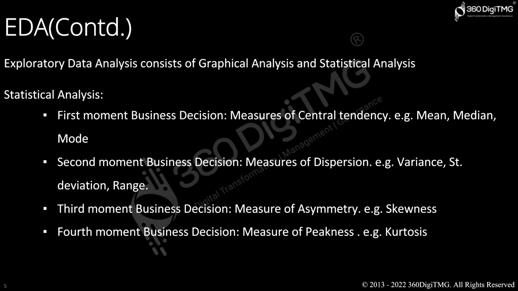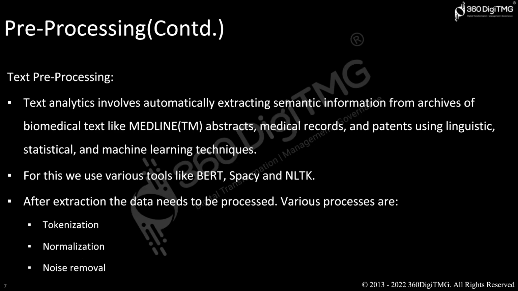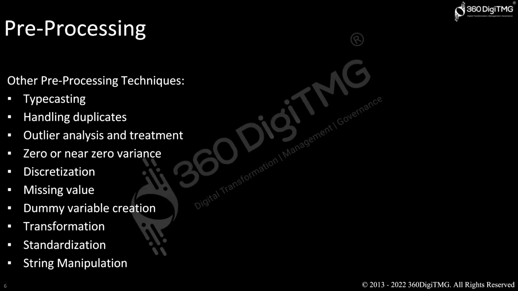Now we look at the four types of EDA process. Before that, we have analysis. Once you collect the data and understand the data types, next you need to look at what kind of analysis you are going to perform.